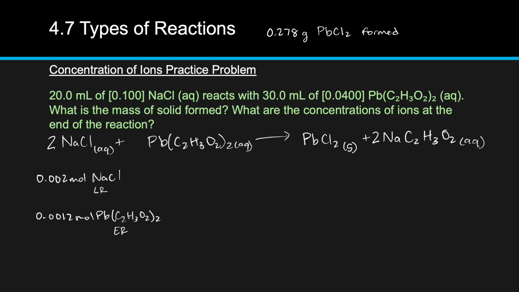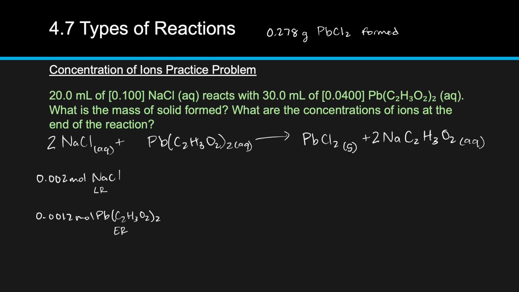Now the next part of this question is what I would consider the harder part, which is really conceptually trying to understand what it's asking. So it says, what are the concentrations of ions at the end of the reaction? So we just found out that 0.278 grams of PbCl2 is formed. We also found out that NaCl is our limiting reactant and our other reactant is our excess reactant.